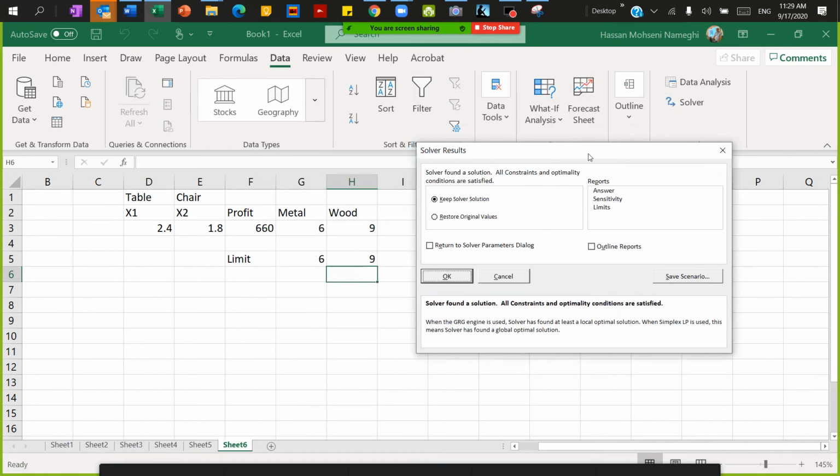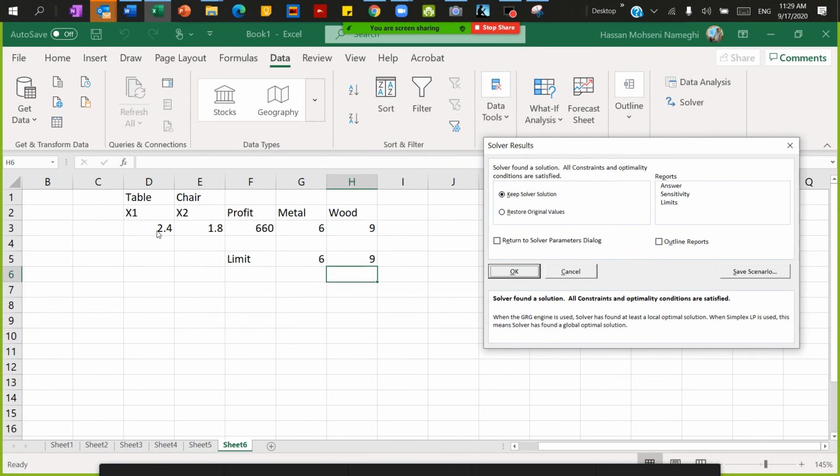Now what I found is that I can make 2.4 tables and 1.8 chairs, and I'm going to be good with everything. I make $660 of profit. Remember, this was in units of thousands, because when we say 6 and 9, this was 6,000 and 9,000.